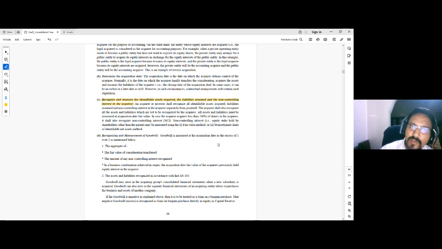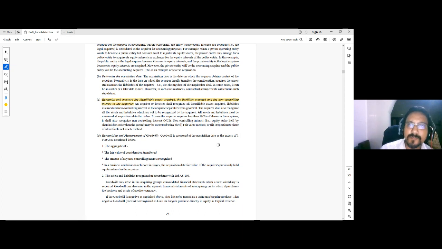For this purpose, A Limited needs to identify and record in the consolidated set of accounts what the identifiable assets of B Limited are, what the identifiable liabilities of B Limited are, and what is the magnitude of other shareholders' interest in the subsidiary company.